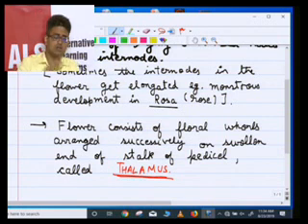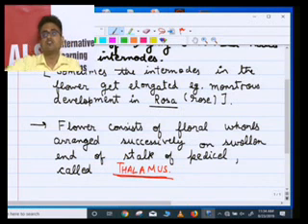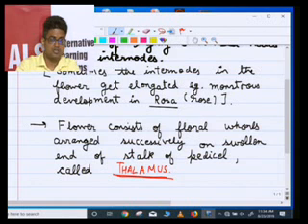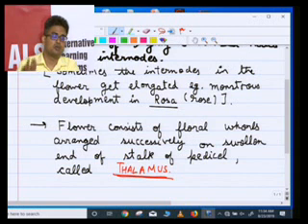Now let's talk about the floral whorls and then we will discuss what superior ovary means, what inferior ovary means, and what half inferior or half superior ovary means. It's also a very important question in the CBSE NEET examination, I think in 2012 or 2013. Diagram based questions are not very common.